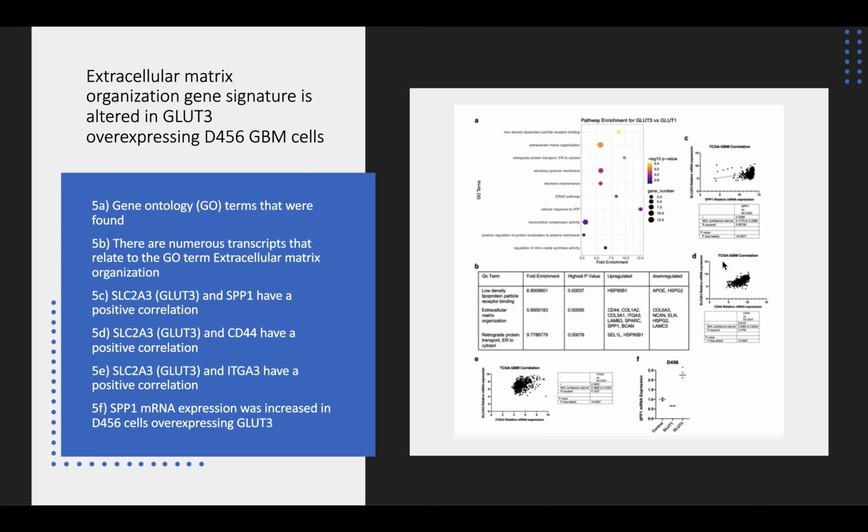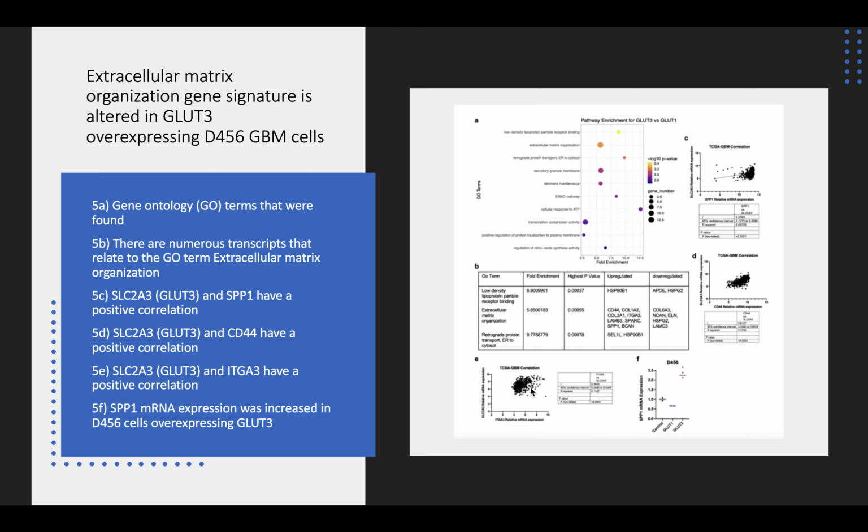Next is 5D, y-axis being SLC2A3 relative mRNA expression. The x-axis being CD44 relative mRNA expression. This was shown to be having a positive correlation. In 5E, the y-axis is SLC2A3 relative mRNA expression. On the x-axis, there's ITGA3 relative mRNA expression.